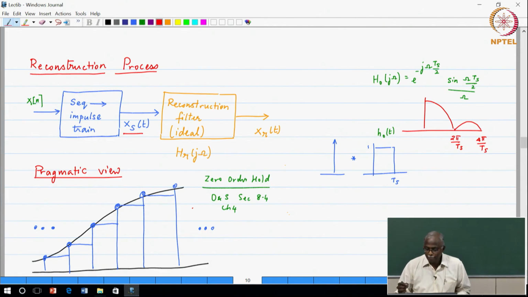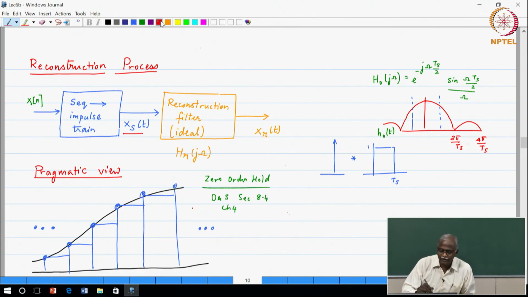From minus pi by Ts to pi by Ts. So a lot of the spectral effects of this sinc function are outside my range of interest. Where will that come from? That will come from the reconstruction filter. The key point to note is that this rectangular waveform has a sinc response.